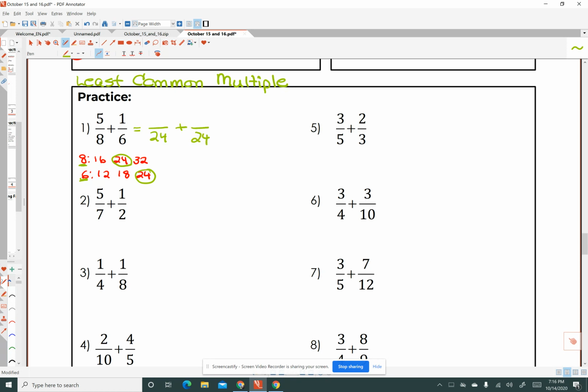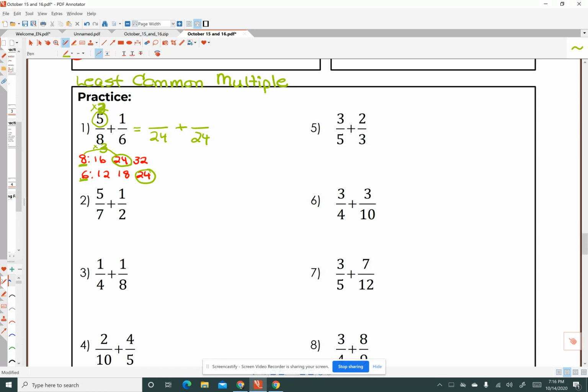So the next question we ask is, what did we do to get from 8 to 24? Well, we multiplied times 3. So that's what we're going to do with the numerator. We'll multiply that times 3. I said 2, I meant 3.